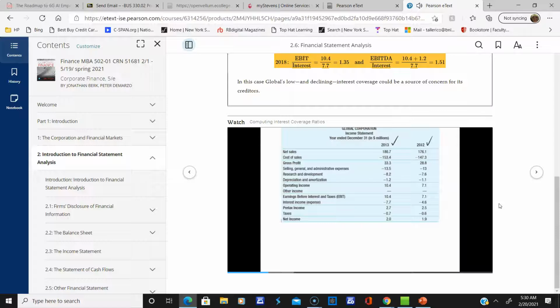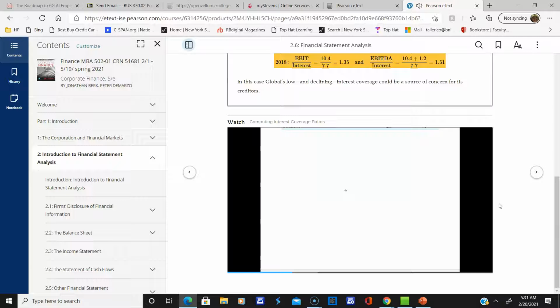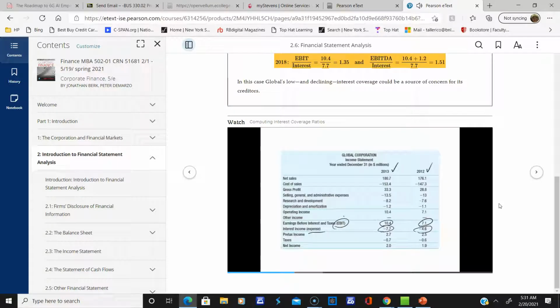What do we need to know? Well, we need to know EBIT, so that's 10.4 for 2013, 7.1 for 2012. We need to know interest expense, so we've got that, 7.7 and 4.6. And to convert from EBIT to EBITDA, we're going to have to add back depreciation and amortization, which is 1.2 and 1.1.